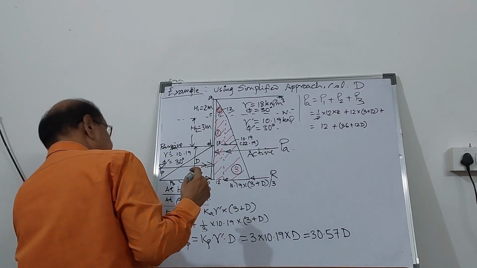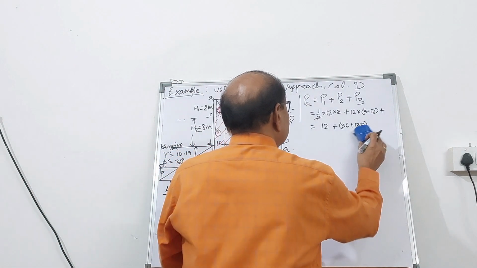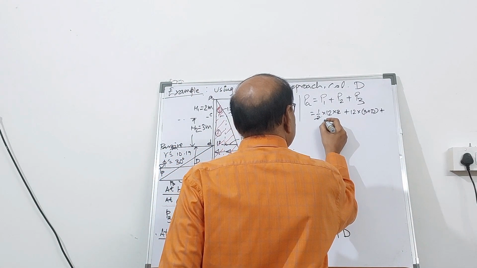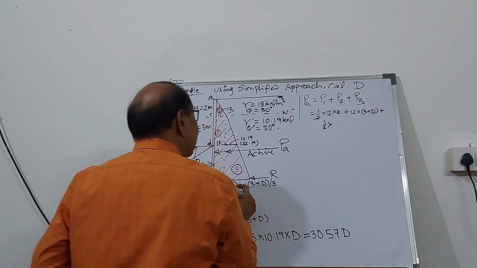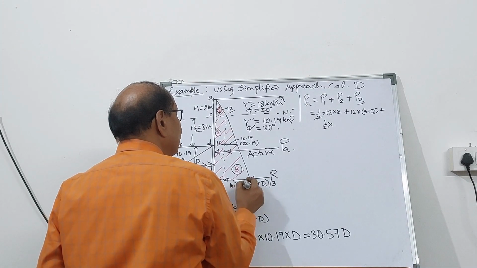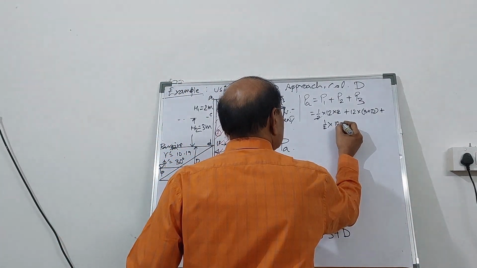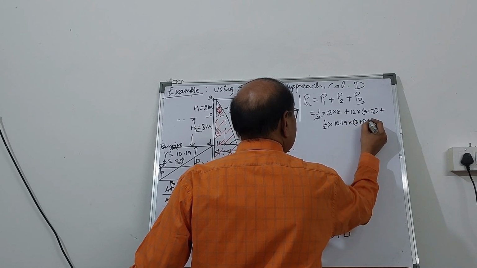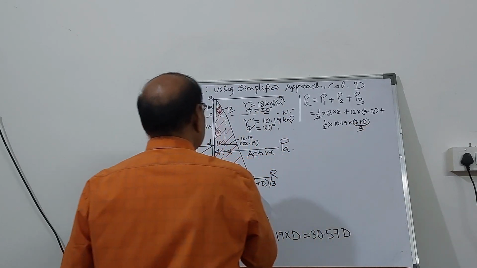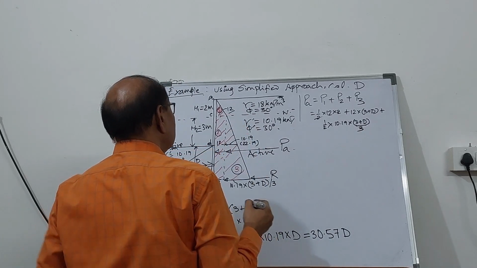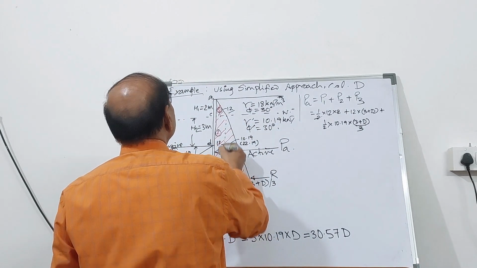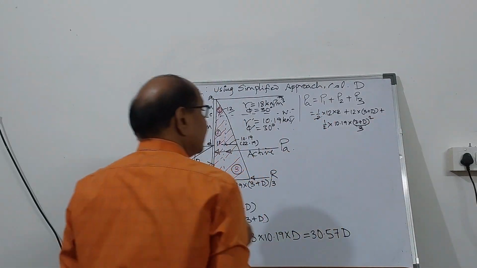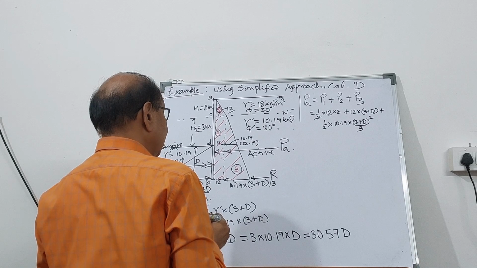So, we can calculate it as half into base is going to be 10.19 into 3 plus D by 3 into height is going to be 3 plus D. So into 3 plus D becomes 3 plus D whole square.